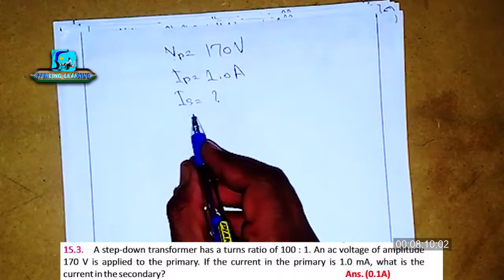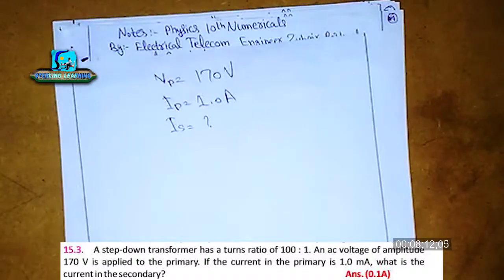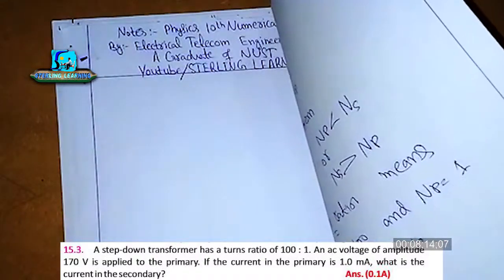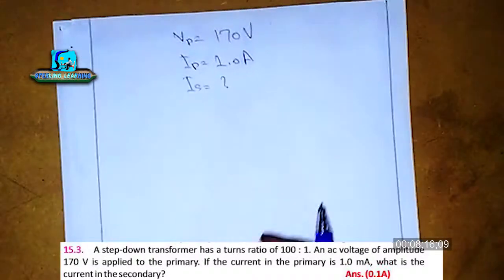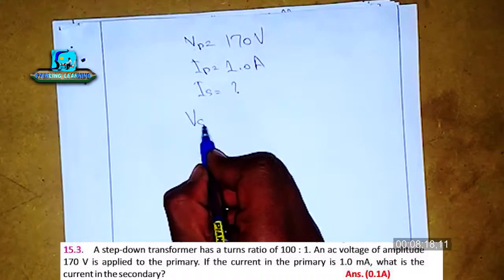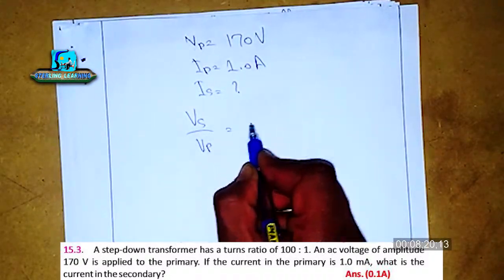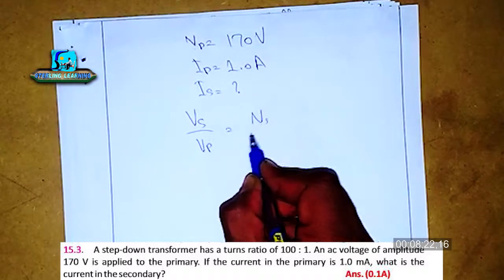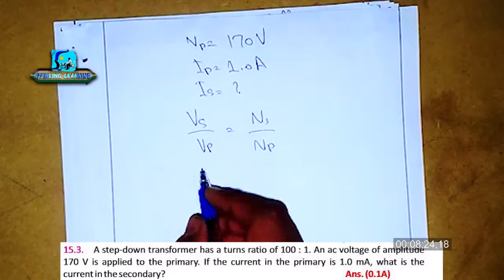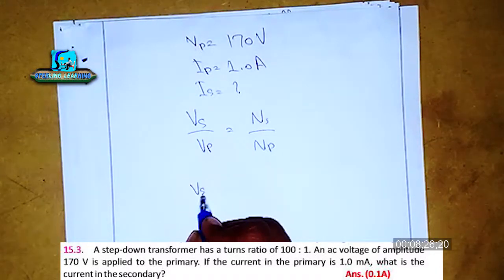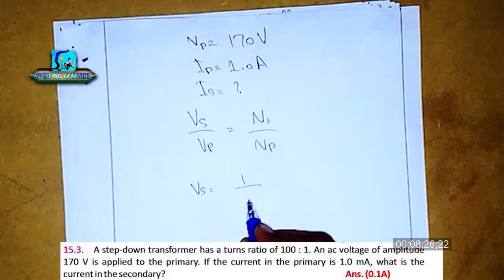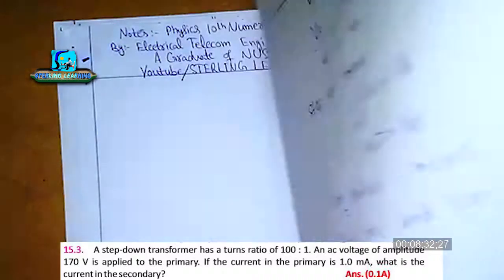So Ip is given, Vp is given, so we know the formula. Vs over Vp is equal to Ns over Np. Vs is to be calculated. Ns is 1, Np is 100.